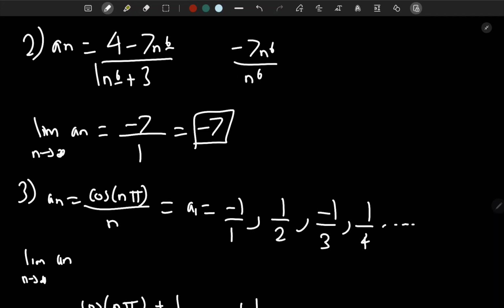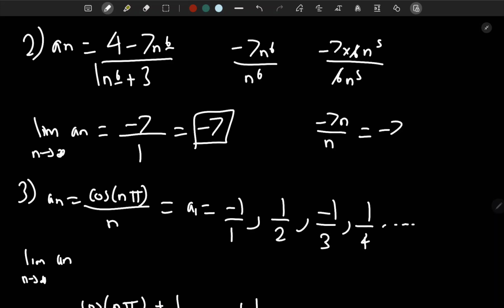If we use L'Hopital's rule here and differentiate 6 times, it will be negative 7 multiplied by 6n to the power of 5 over n to the power of 5, and the coefficients keep cancelling out until we are left with negative 7n over n, and then one more time we differentiate it since it's still infinity over infinity, so it will be equal to negative 7, right?